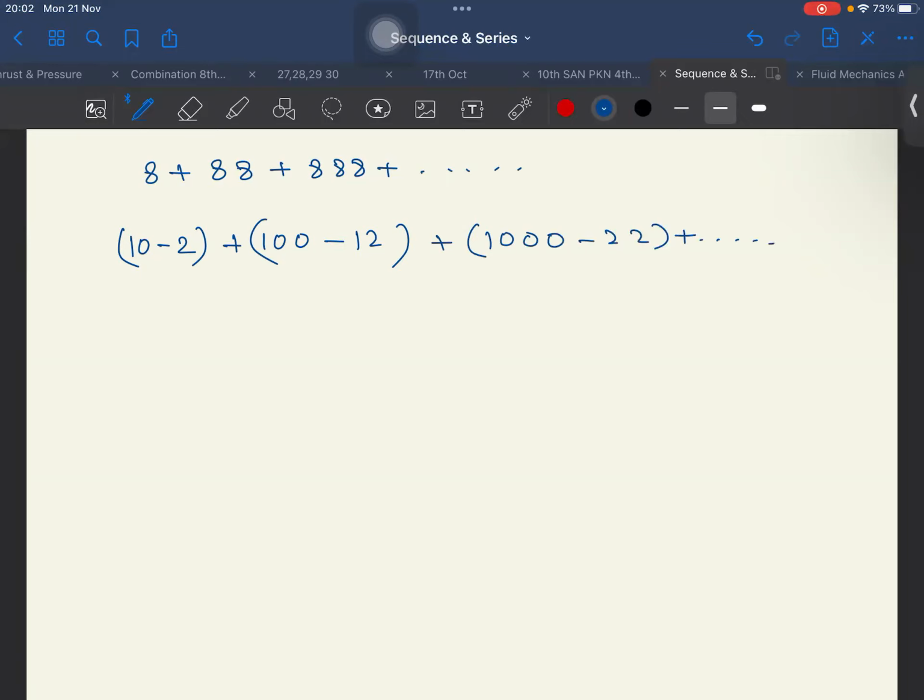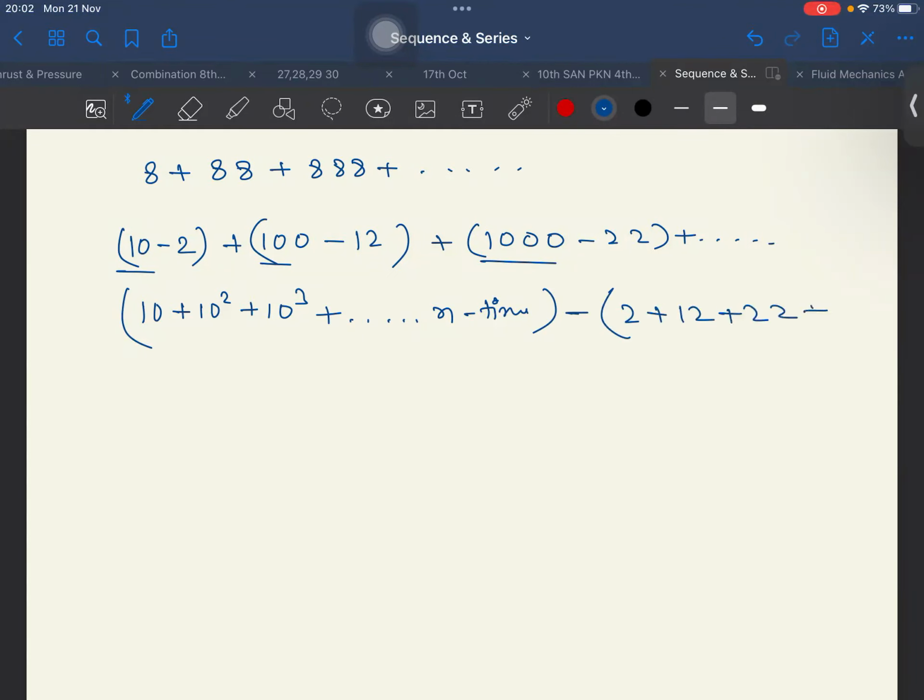Here you are getting 10 plus 10 square plus 10 cube, up to n terms. But again, you are getting minus 2 plus 12 plus 22. Now, these numbers are not in a sequence or series that we know of.